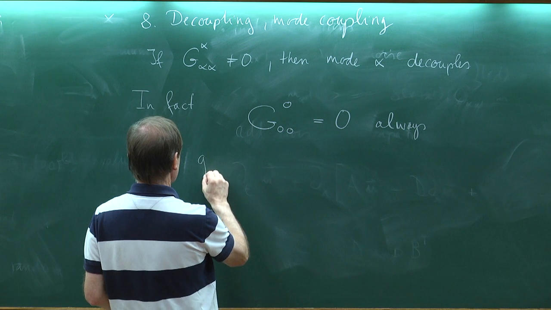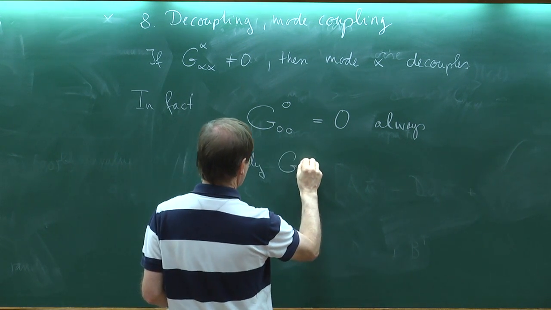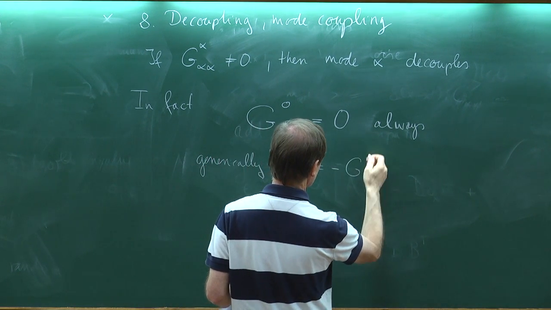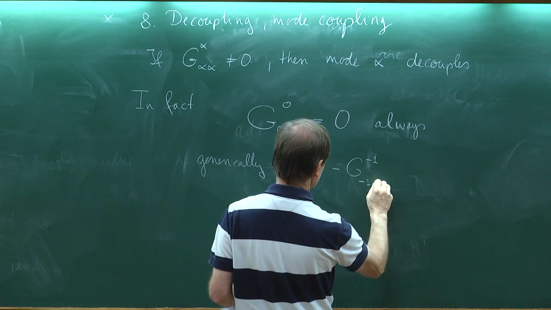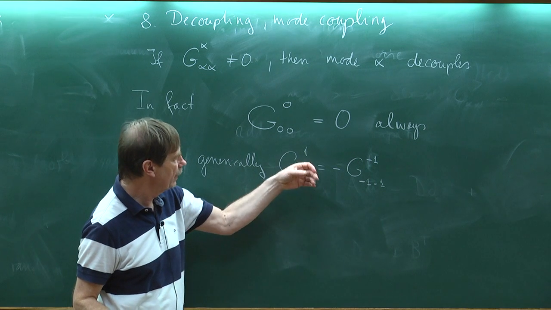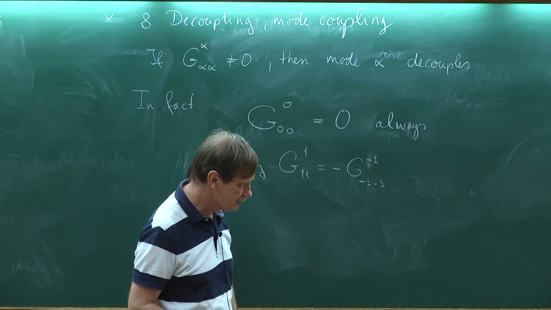Now, generically, this is equal to minus G1 minus 1 minus 1 minus 1. So I labeled the modes according to the eigenvalues. Minus 1 is the mode which corresponds to the left going, and plus 1 is the one going to the right.